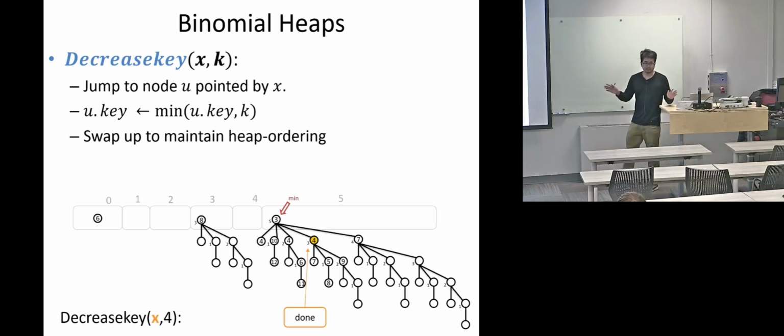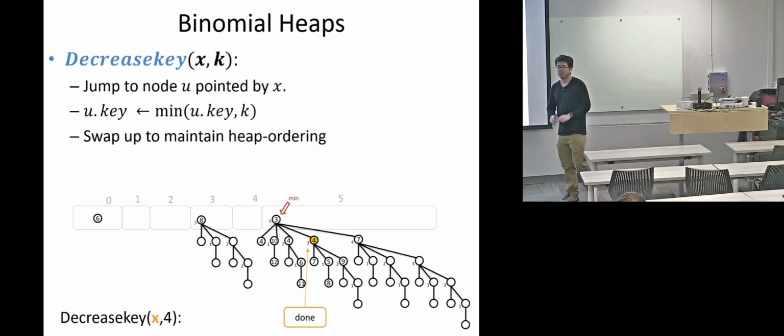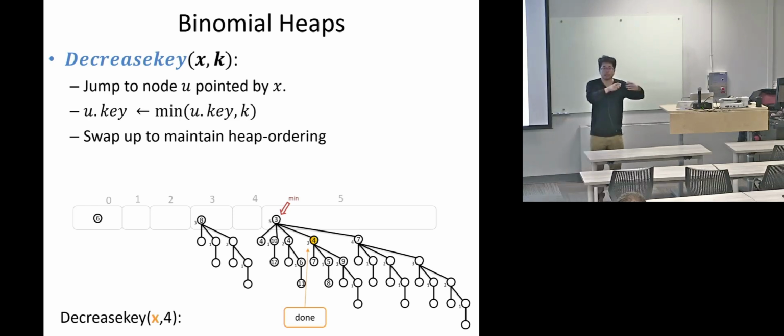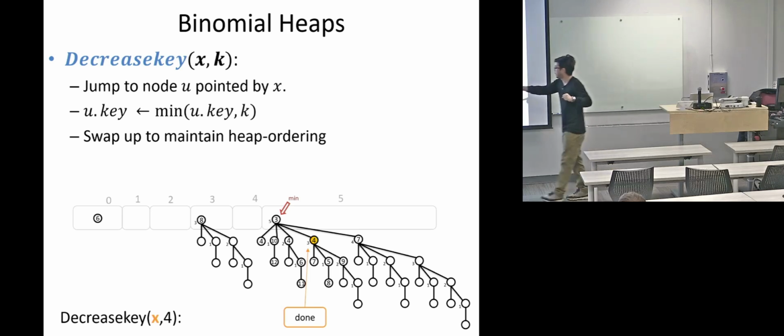Are all the operations clear? Okay. Yeah, X needs to be a pointer. Say it again. X needs to be a pointer. Yeah, X is an item. It points to a node in the heap. Think of X as a vertex in your graph of Dijkstra, and this vertex points to some node in this tree in this heap.